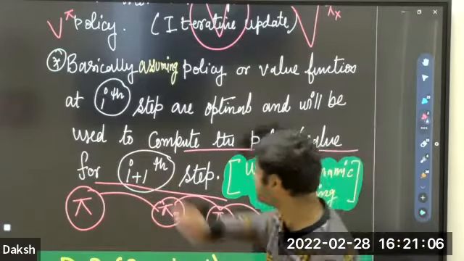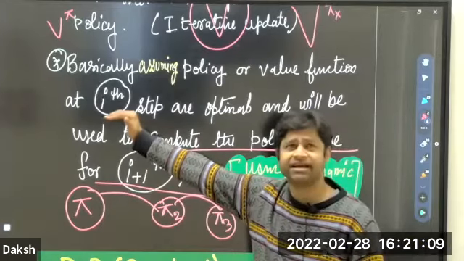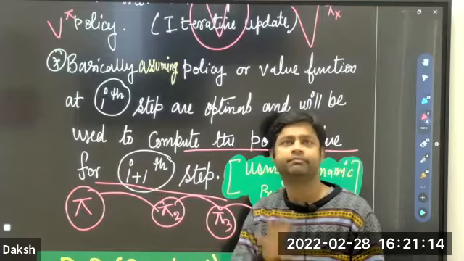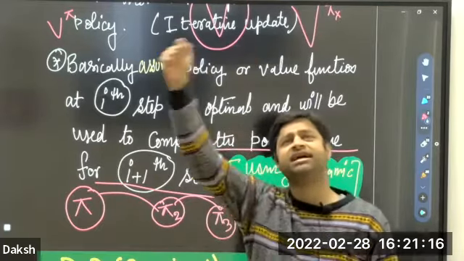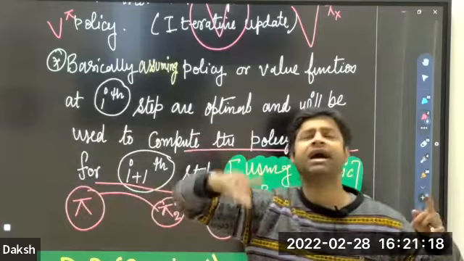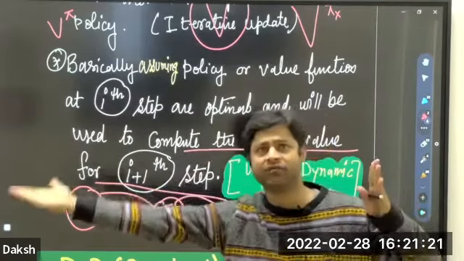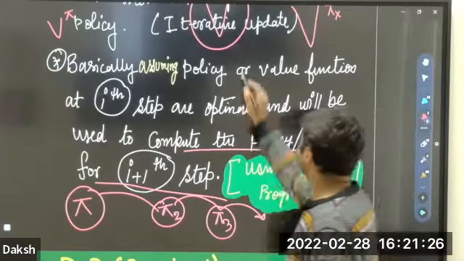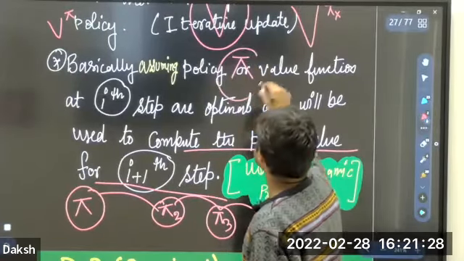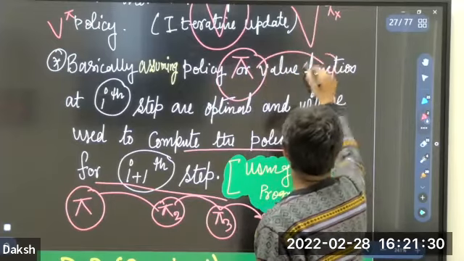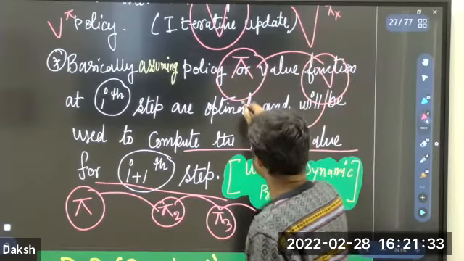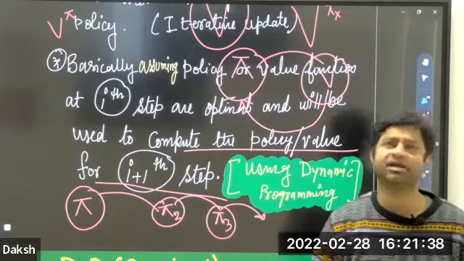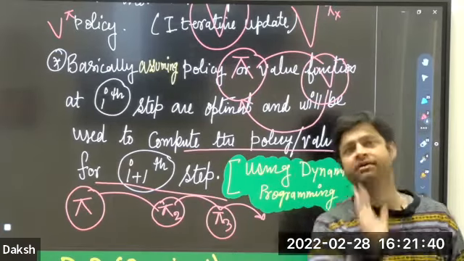My assumption is that my policy at the ith step is good, best, and utilizing that pi, I calculate the value function. From the value function, I can again come back to pi. From pi, I can go to the value function. From the value function, I can come to pi. But this time, this pi will be different than the previous pi.